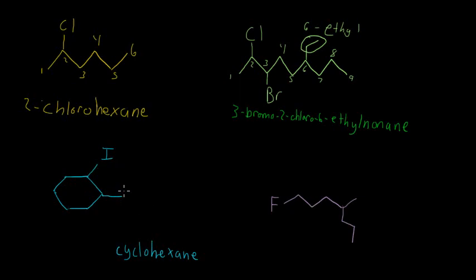So we can identify this as a methyl, and then we see we have an iodo as well. And you're probably wondering, where do we start? What's going to be the first carbon? So we do this by the alphabet. So I comes before M. So iodo is going to be the first carbon. So that's 1, 2, and then we would just go around and name it up to 6.